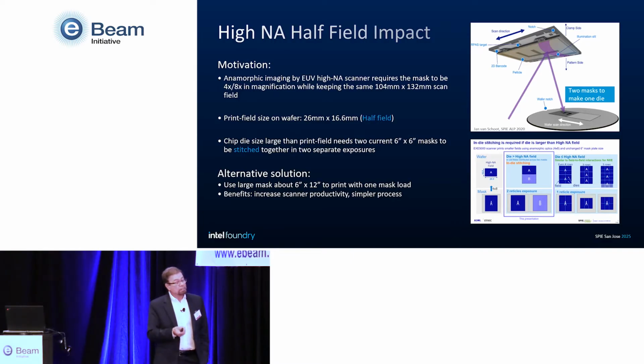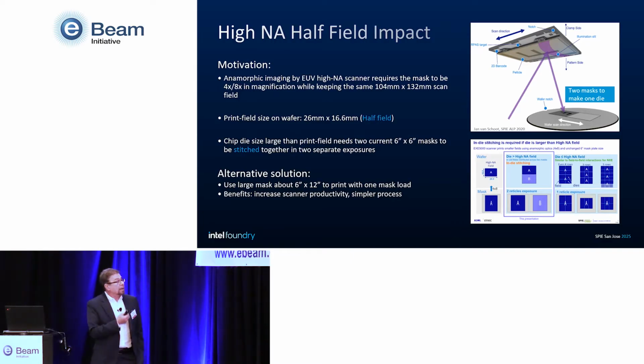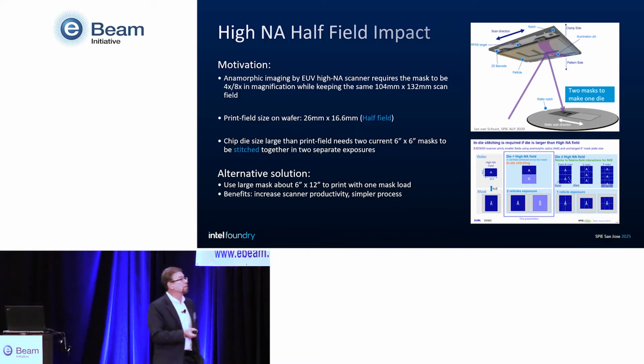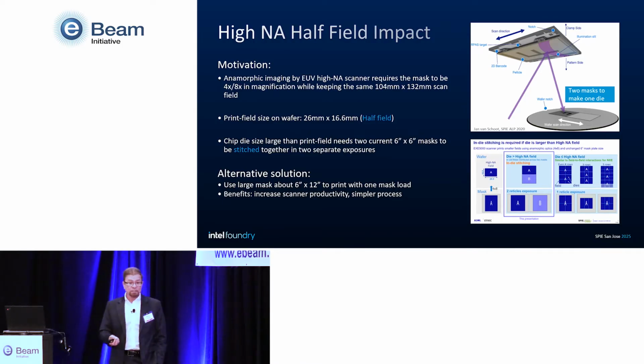So when you take that 0.55 and divide it by 4x, the angle, the NA of the mask, increases. And when that happens, it disrupts the contrast. We suffer contrast, and when you have a contrast problem, because of the interference, you lose the advantage of the High-NA. So there is really no point in doing that.